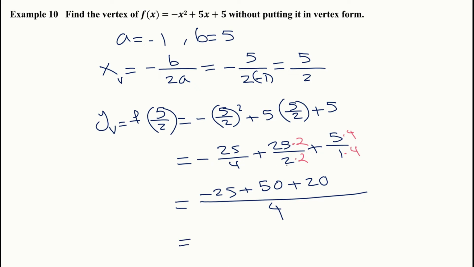So we have 70 minus 25, right, which is 45/4, right? So the vertex of this parabola is at 5/2, 45/4, just like that. All right, so there's another good one for you to practice, and then we'll proceed.